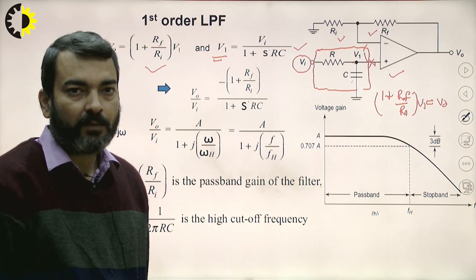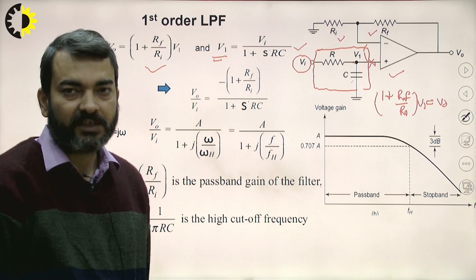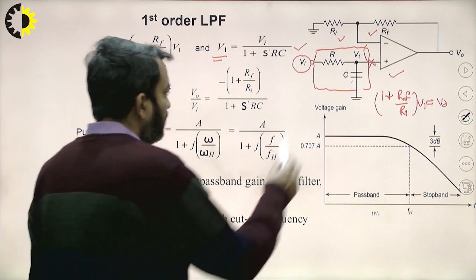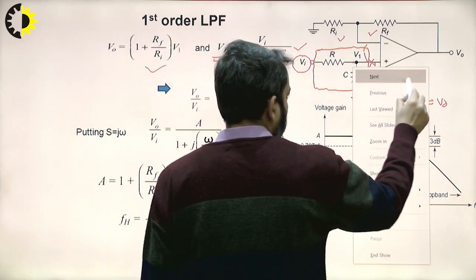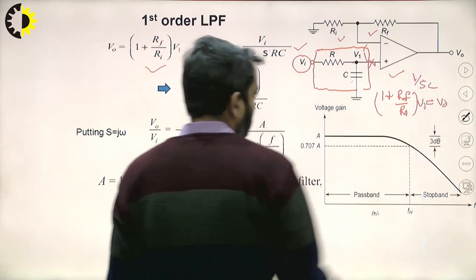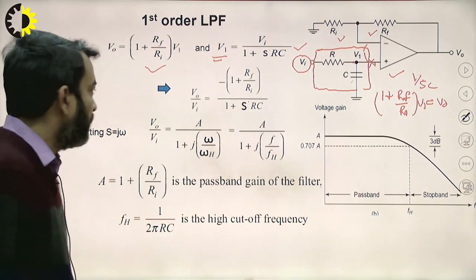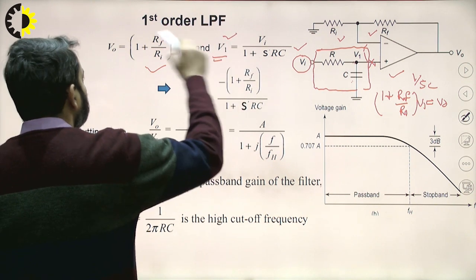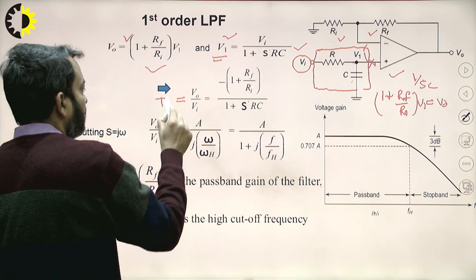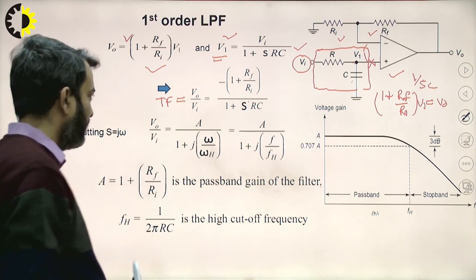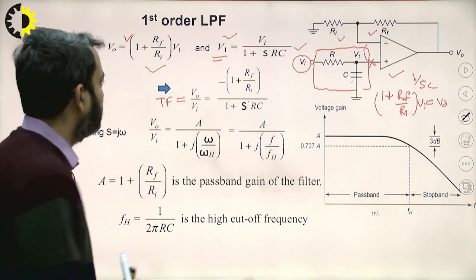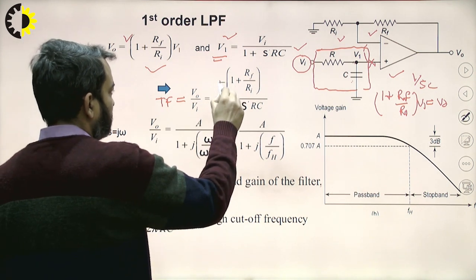Now we have to obtain the transfer function, that is V0 by Vi. Note that capacitive impedance is 1 by SC. So using these two equations, we can get the transfer function of this low pass filter as minus 1 plus, sorry, this is not minus, this must be plus.